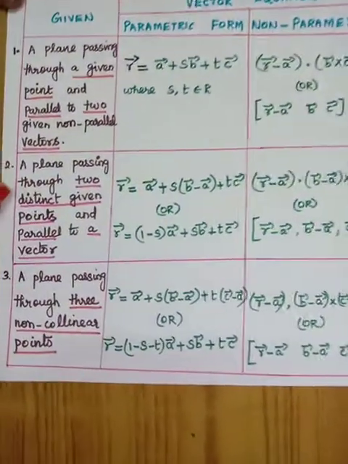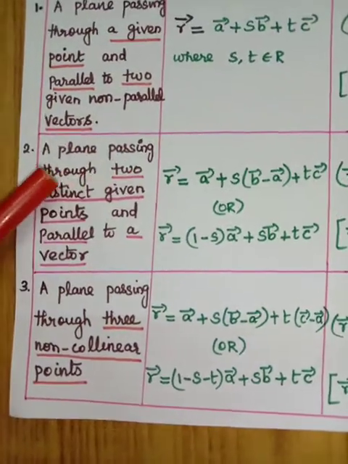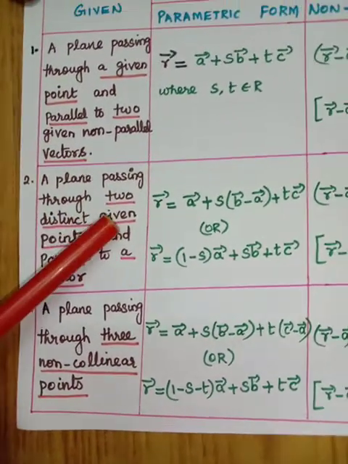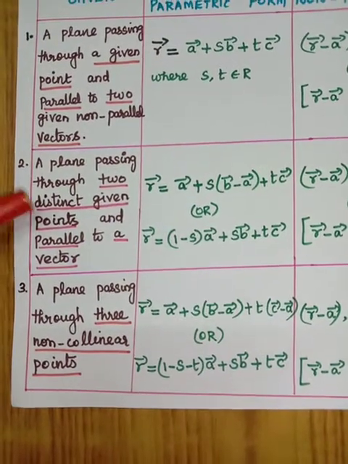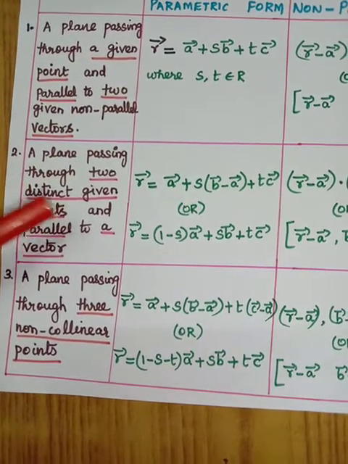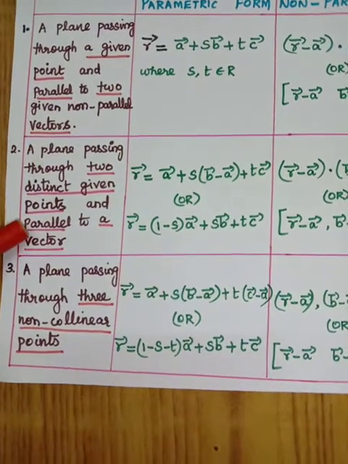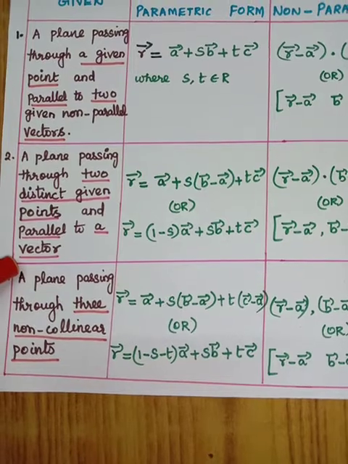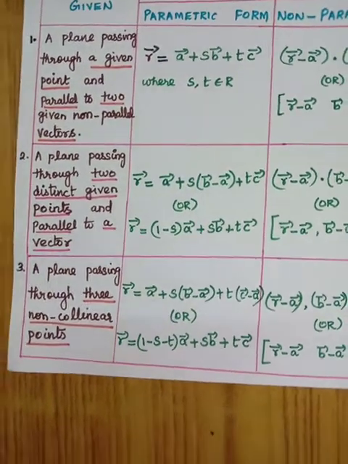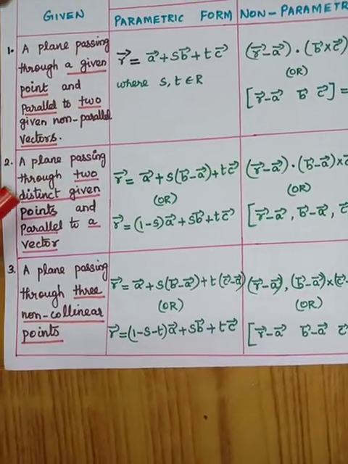Coming to the next one, a plane passing through two distinct given points. So two passing points are given and a plane parallel to a vector. So two passing points and one parallel vector is given.